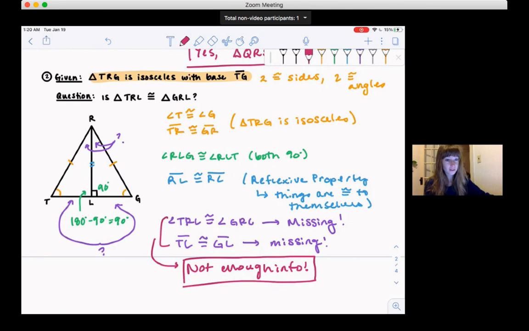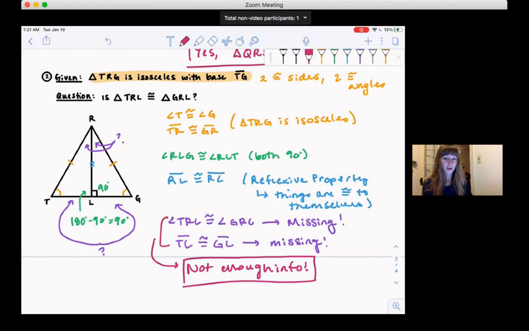We don't know that they're not congruent, but we don't know that they are congruent for sure, beyond just what the figure looks like. So we have to say we don't have enough information. We're not going to conclude that the triangles are not congruent. We're just saying we don't know from what we've been told. And the missing information are those 2 pieces.